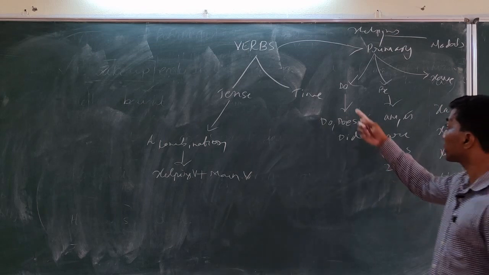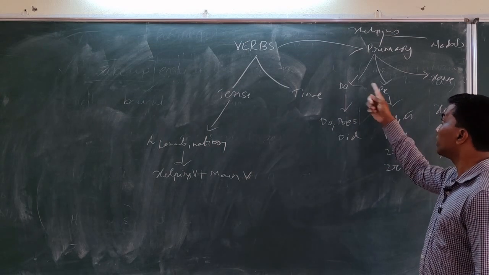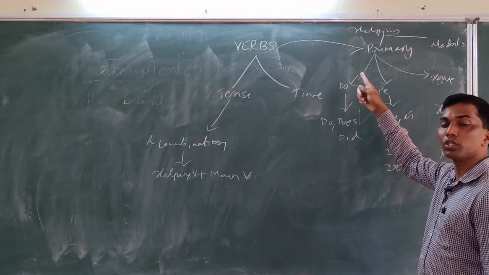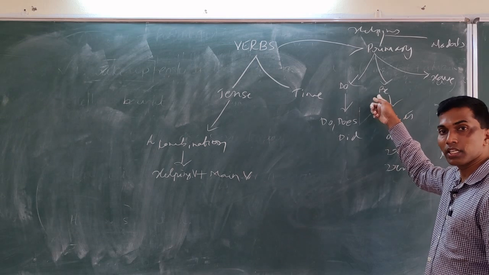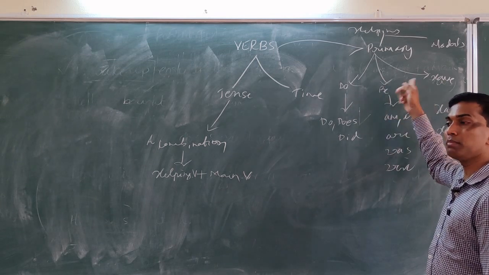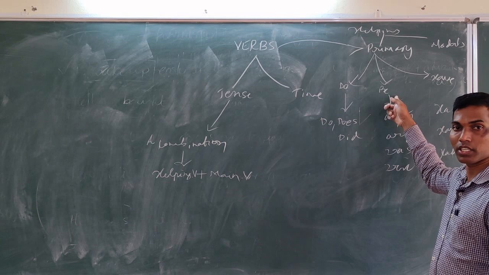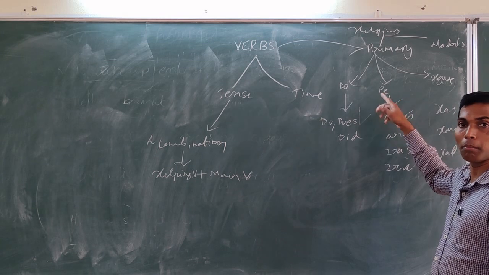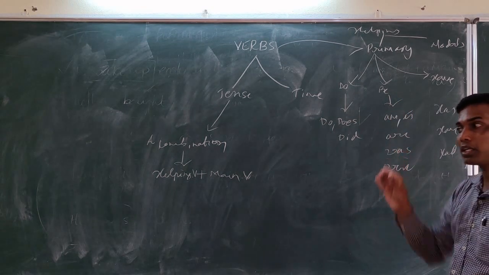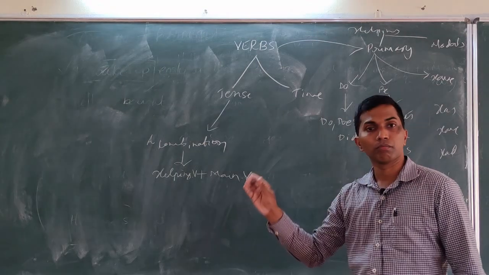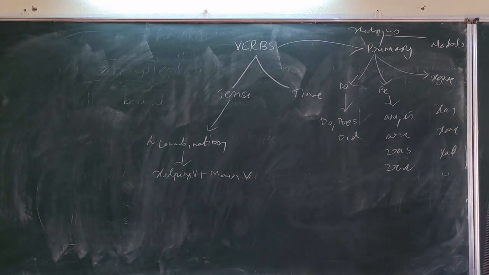Particular because we don't use be when we need do. We don't use do when we need be. We don't use have when we need be. Have you got my point? That's why a particular helping verb leads to a particular form of a main verb, moreover a particular tense. Whenever there is a particular helping verb, there is a particular tense.